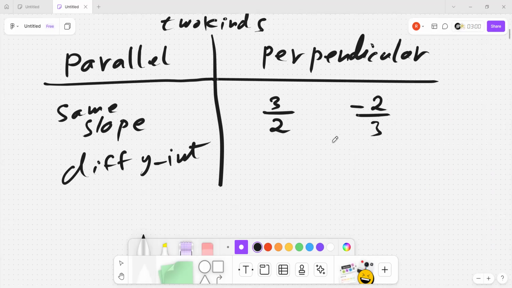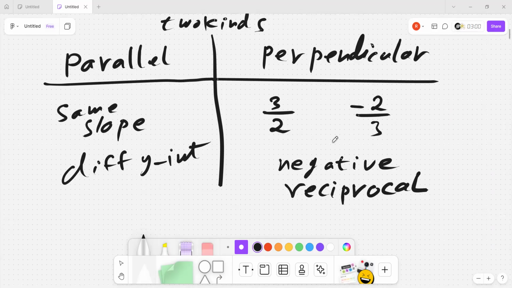The relation between the slopes of two perpendicular lines is negative reciprocal. That's it. So as you see, reciprocal and negative.